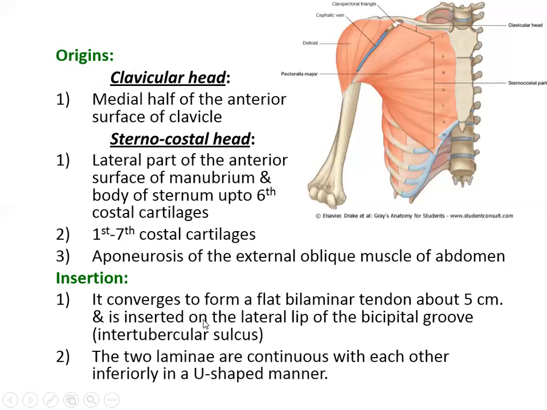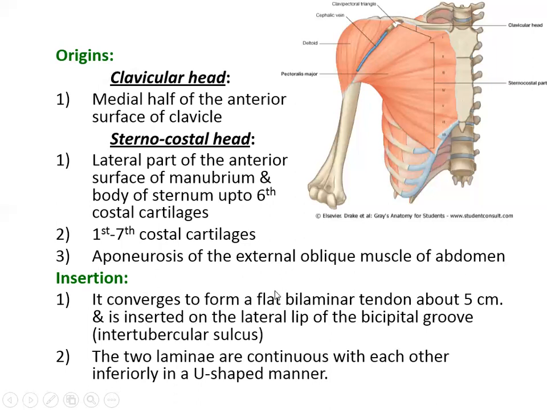This muscle will converge. As you can see here, even though it has a big origin, the whole muscle is converging to a particular point. So it converges to form a flat bilaminar tendon. If you see here, the muscle coming from the clavicular head becomes flattened out and gets anterior, and the part from the sternum gets twisted and turned and becomes the posterior leg.